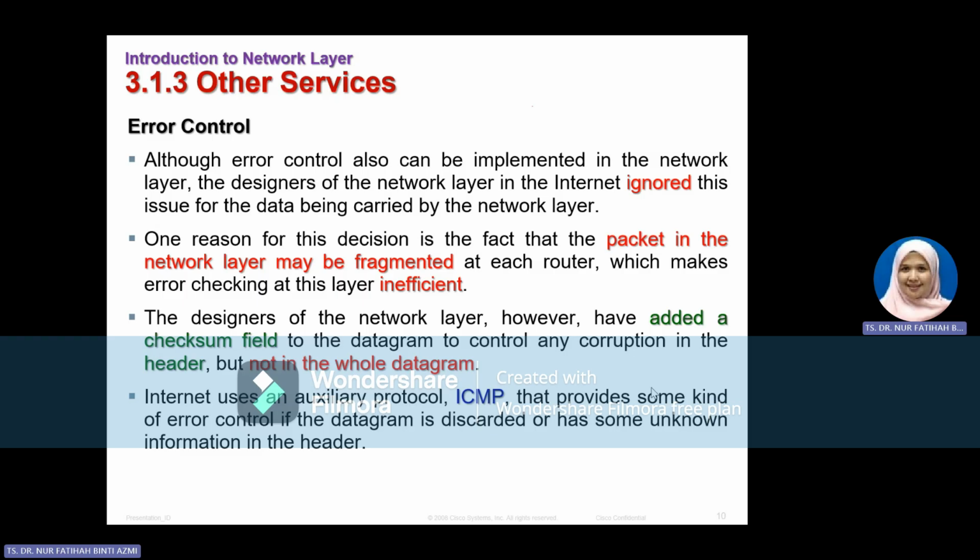If an error is detected, the network layer will use the Internet Control Message Protocol to report problems like an unreachable destination or any route issues. So ICMP is Internet Control Message Protocol.